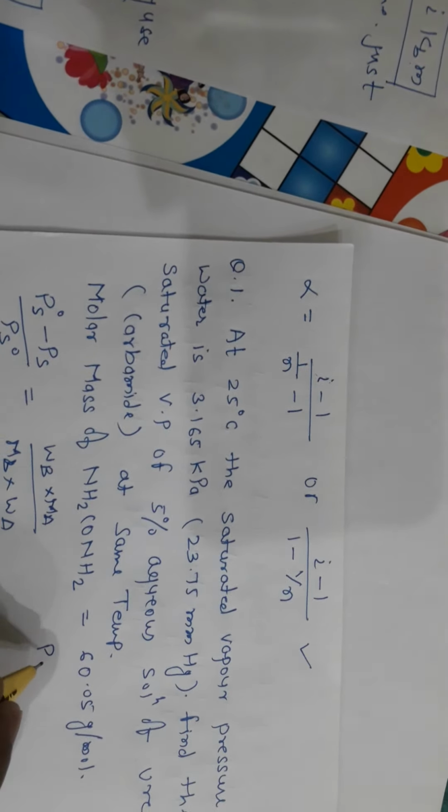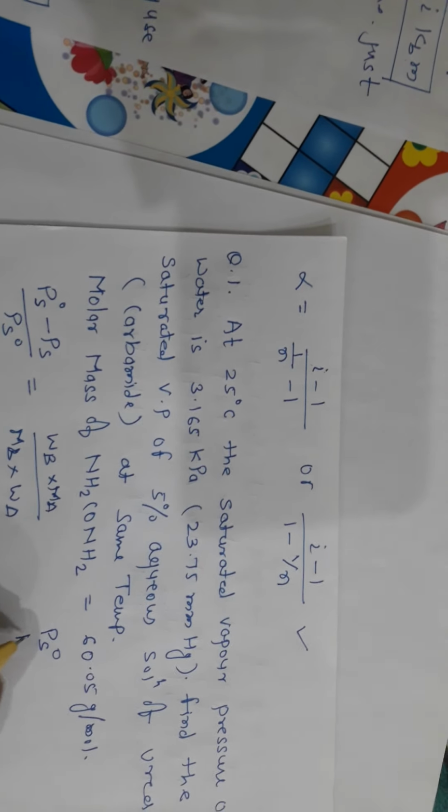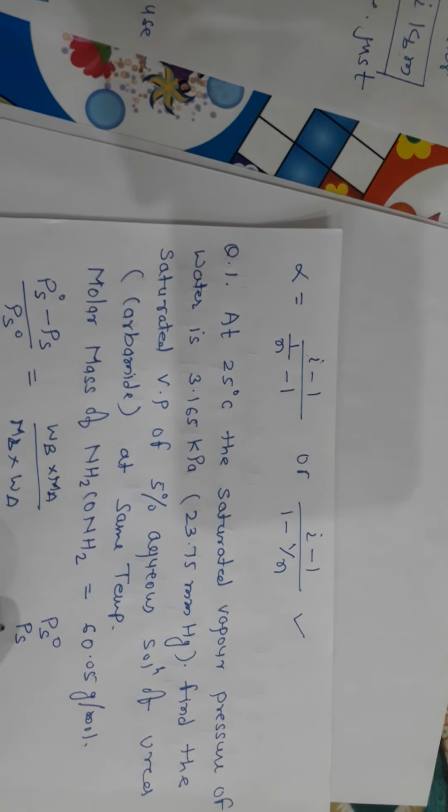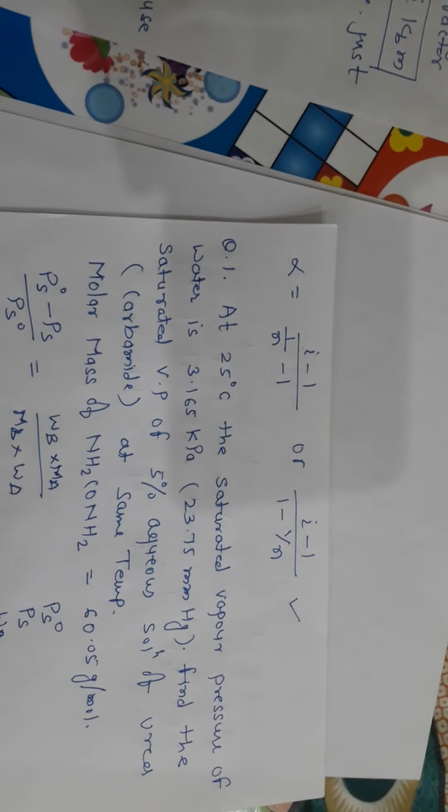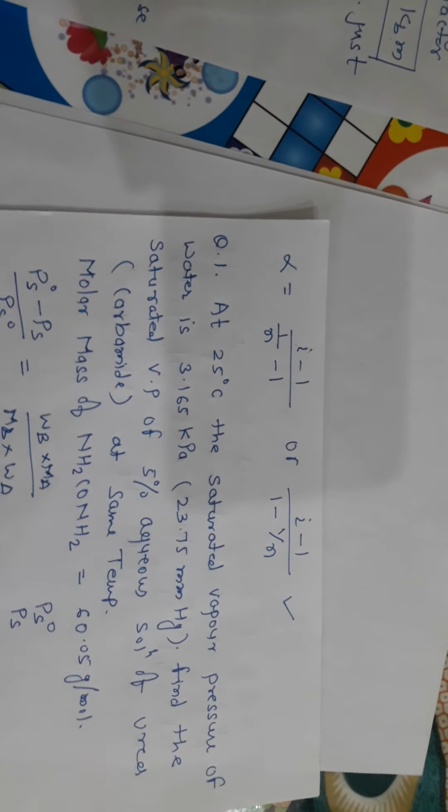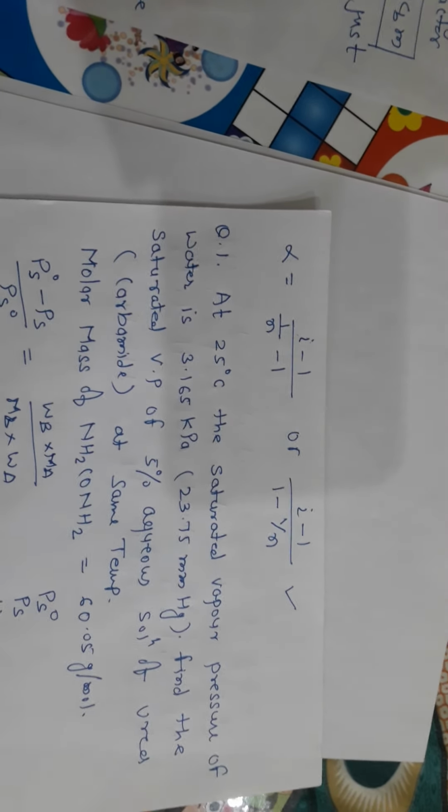So we need PS0, we need PS, we need WB, we need MA, we need MB, we need WA.